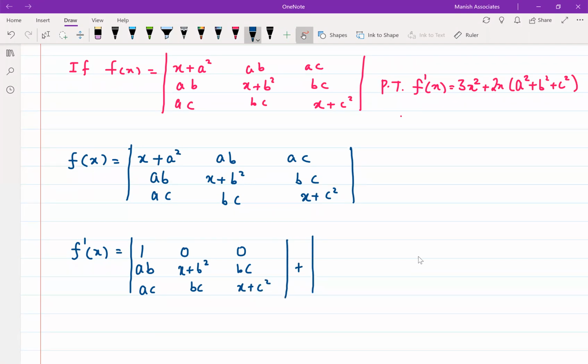प्लस अगेन ए डिटर्मिनेंट. अभी आप क्या करो बताता हूं. You differentiate the second row and remaining two rows as it is.